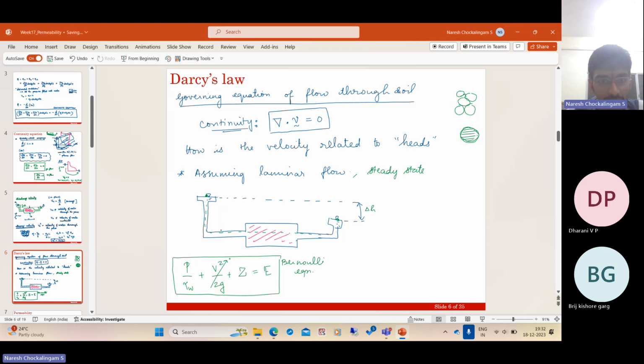If you assume the pipes are frictionless... but as water flows through the soil, it loses its energy because of friction.